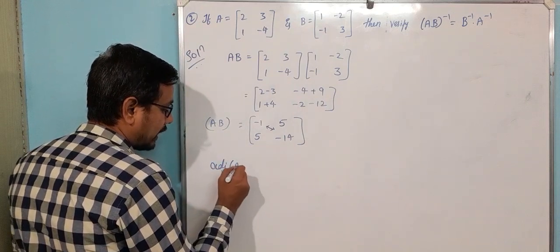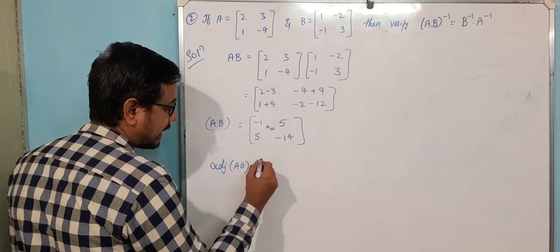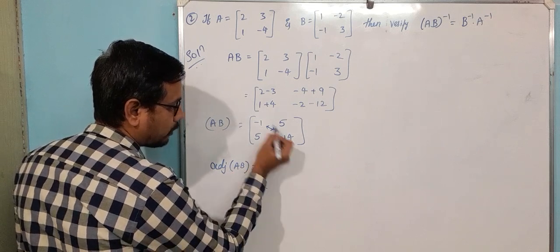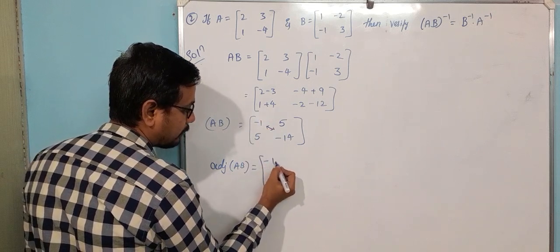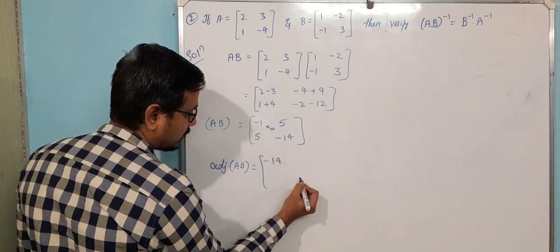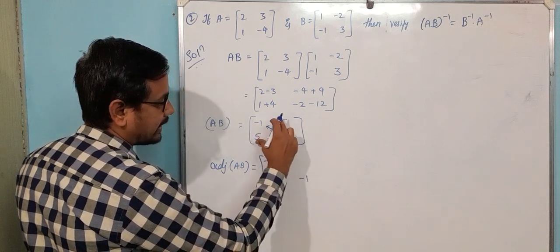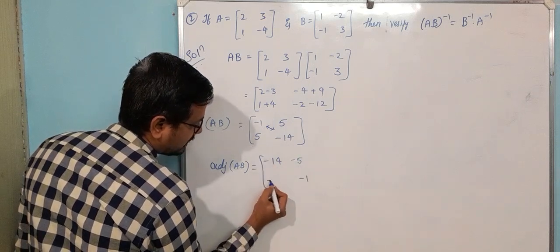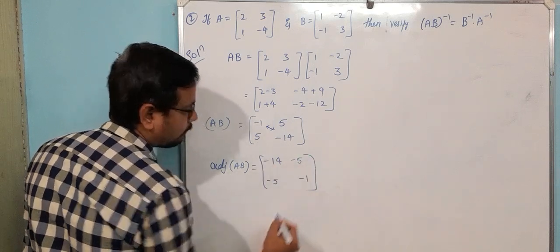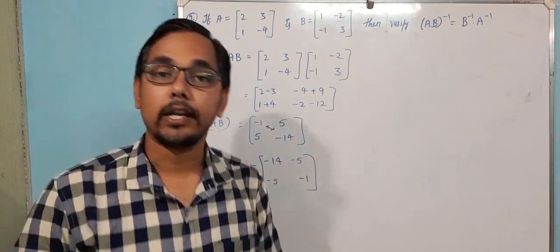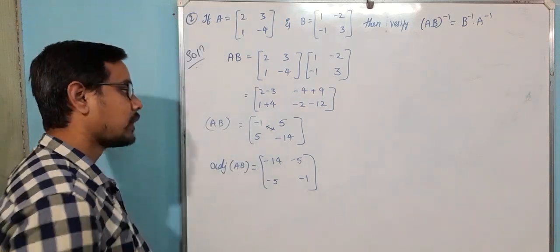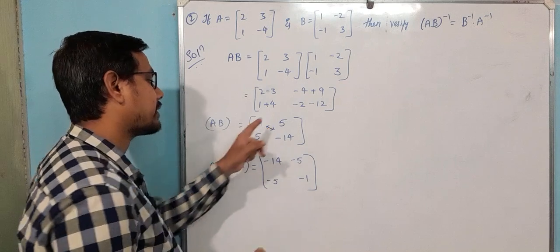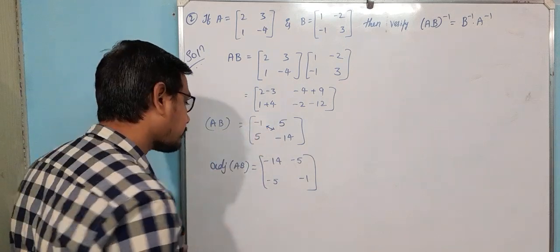Adjoint of AB can be written as: see, -14 comes here, and -1 comes here, and reverse the sign of the others. Plus 5 is there, you make it minus 5. Here also plus 5 is there, you make it minus 5. This is our adjoint of AB, interchanging the diagonal and reversing the sign of the other elements.